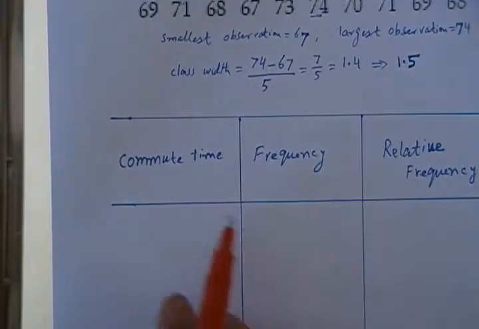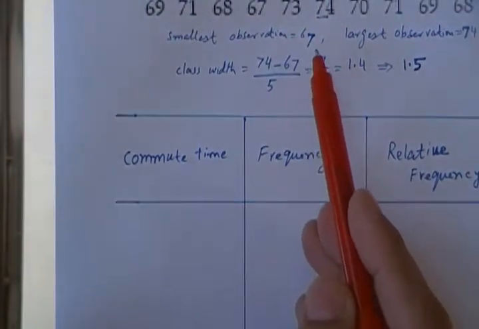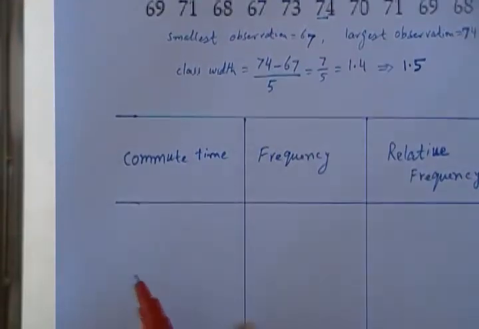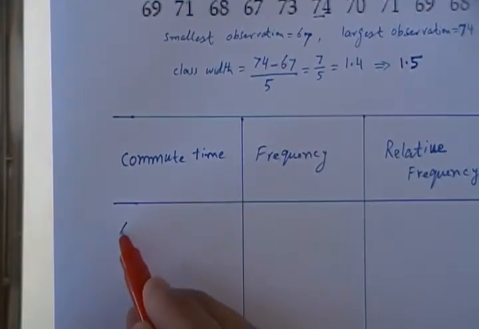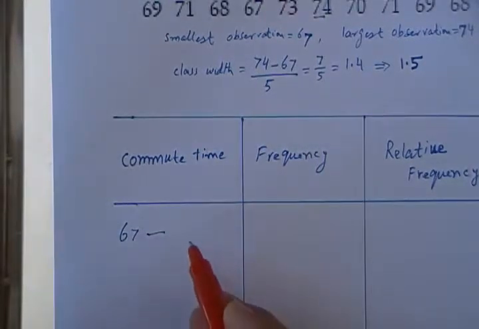First work on this column here. We are starting with 67. The smallest observation is 67. So our first class starts at 67.